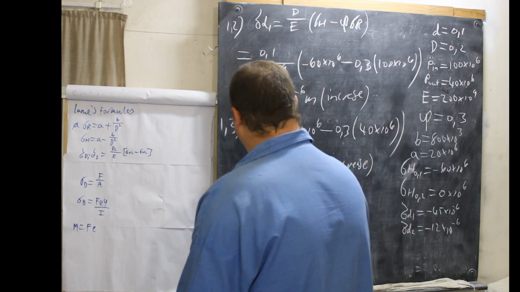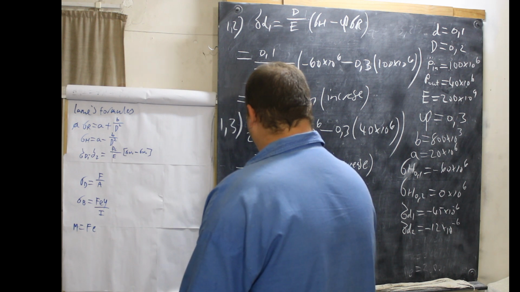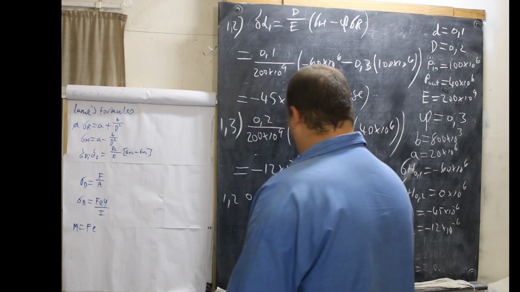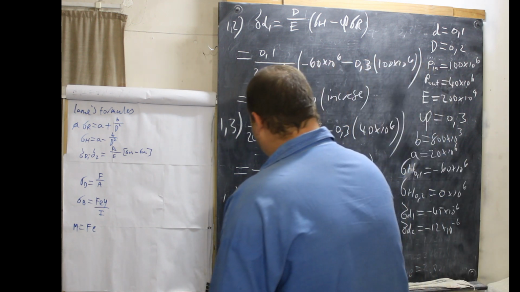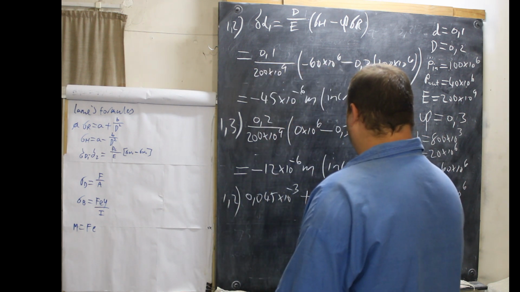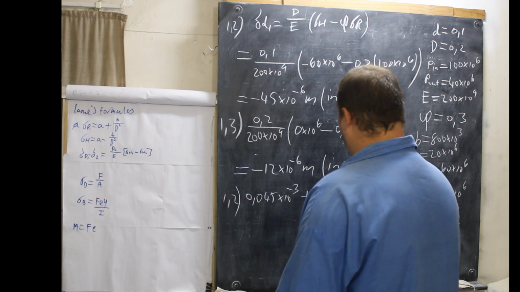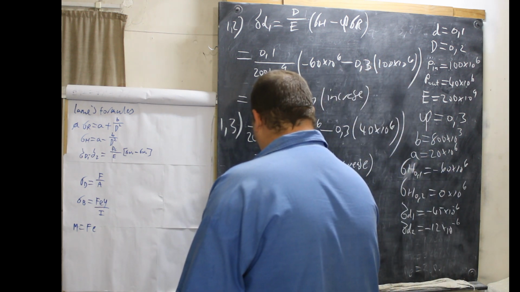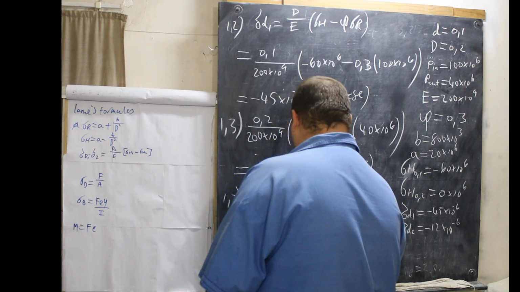So for 1.2, this is going to be 0.045 times 10 to the minus 3 plus 100 millimeters. So this equals 100.045 millimeters.